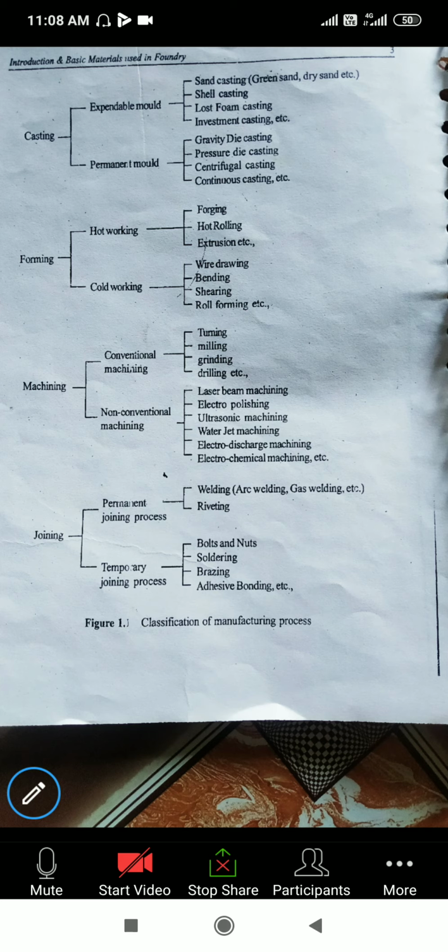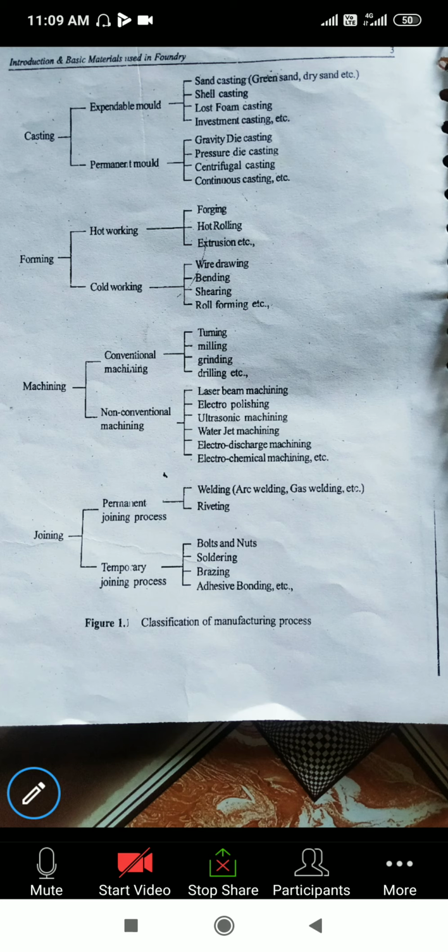The hot working is nothing but high temperature, in which the workpiece is heated above the recrystallization temperature and below the melting point. The workpiece is heated and undergoes different types of pressure to get the finished product or the desired shapes.